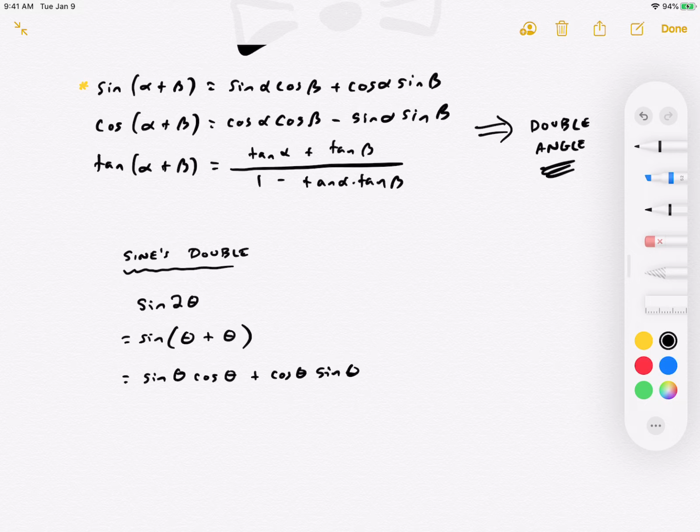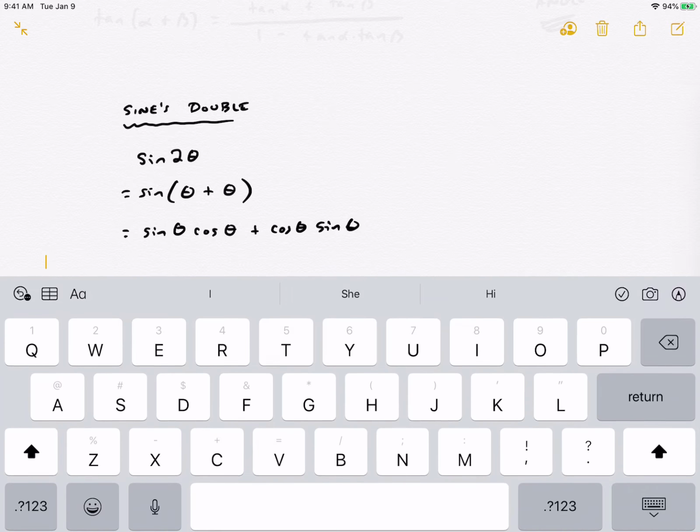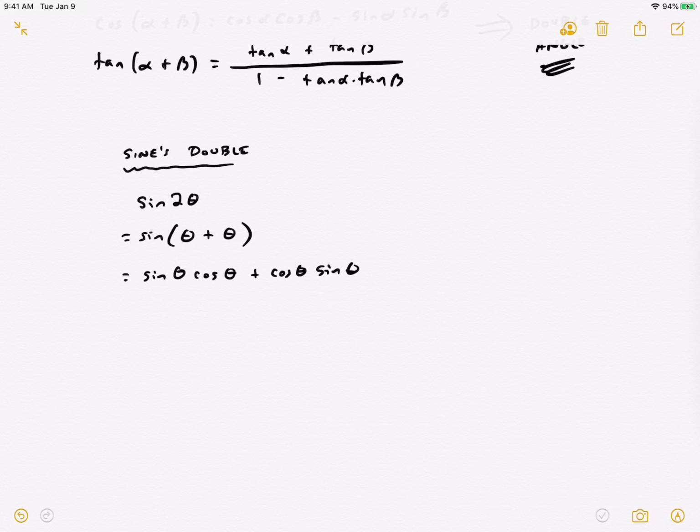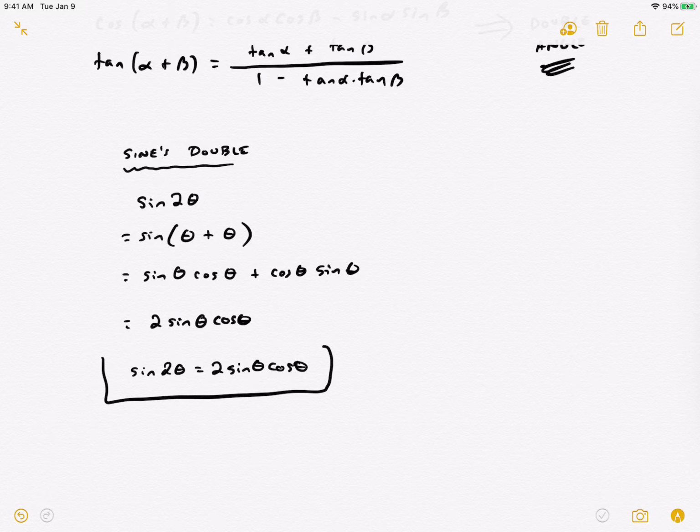And since the first and the second are really the same, and because multiplication here is commutative, this is just 2 sine cosine. And that's a new way to rewrite sine of 2 theta. So sine of 2 theta is equal to 2 sine cosine. That's my double angle identity for sine.